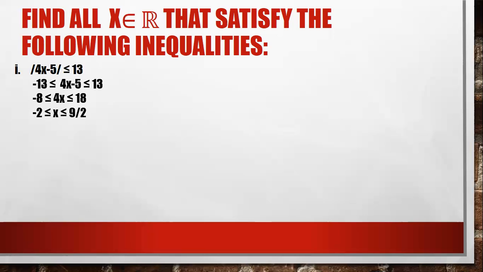So we have x greater than or equal to negative 2 and x less than or equal to 9 over 2. Again, we come up to our value of x, where x is greater than or equal to negative 2 and x is less than or equal to 9 over 2.